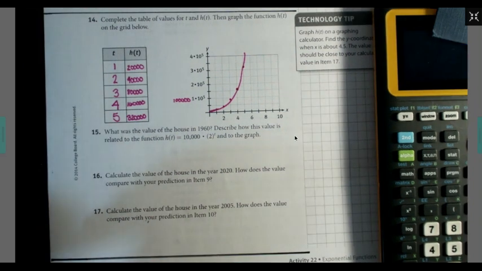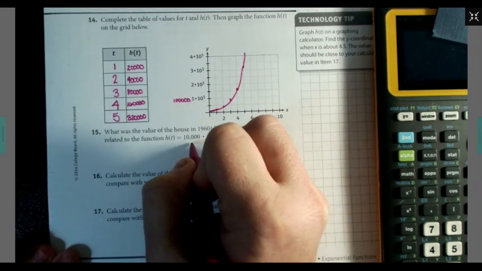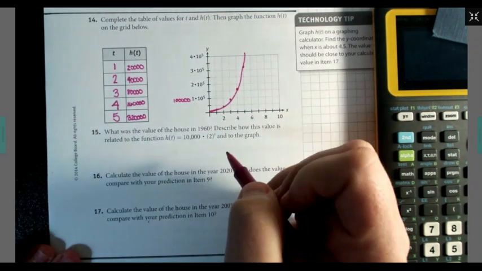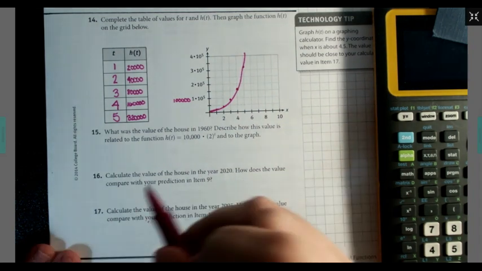All right, number 15. What was the value of the house in 1960, and describe how this value is related to the function h of t equals 10,000 times 2 to the t power. So that 10,000 was represented because that value of the house back in 1960 was 10,000.